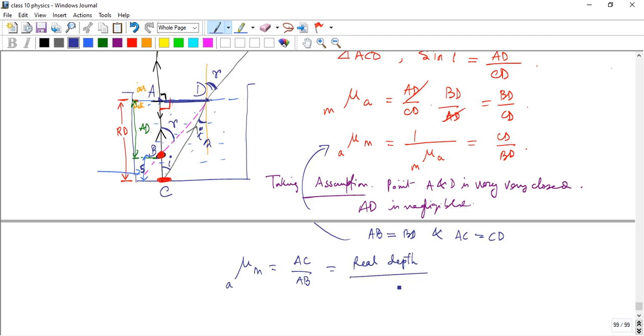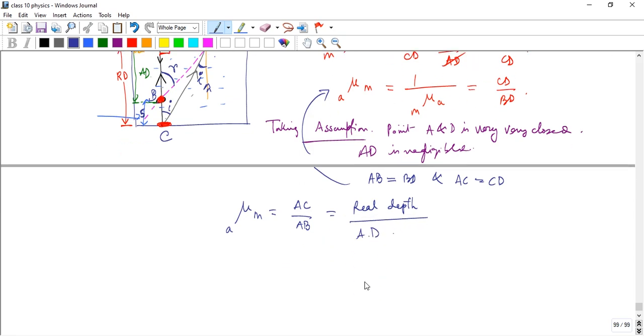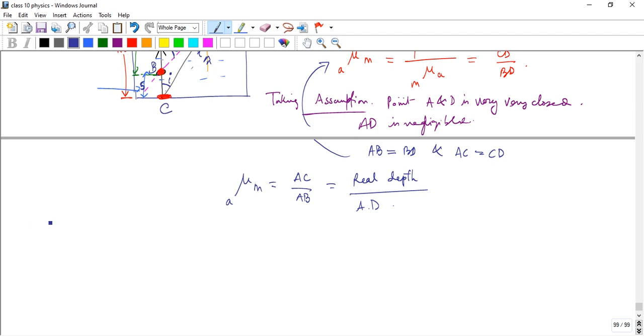And what is AB? AB is the apparent depth. Then finally we get the apparent depth AD is equal to real depth RD by mu, light travels air to medium.